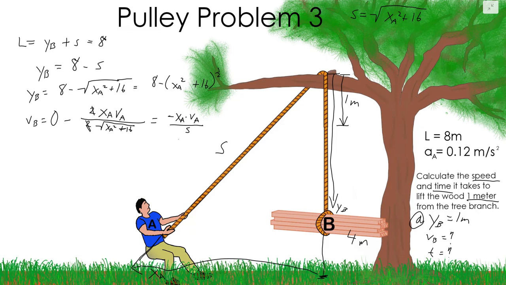S is then going to equal, so if this side is 1, then obviously there's got to be 7 meters of rope on the other side. I should put it right here, plus 7 meters.